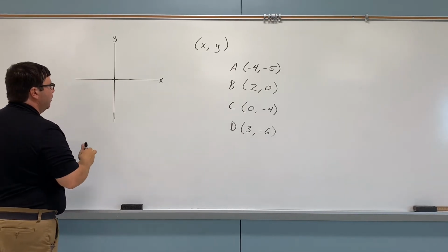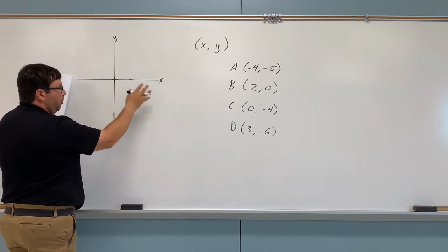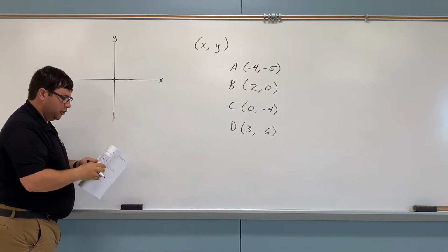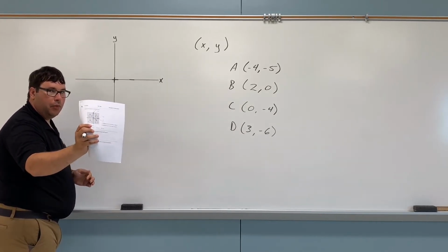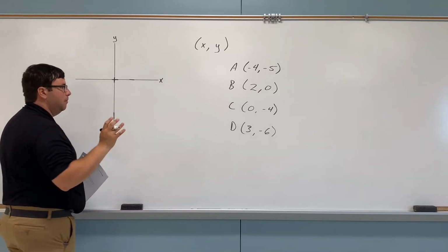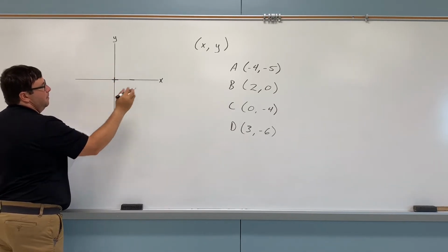So here's how it works. My chart here, my plane, is not perfectly to scale. But if you're using the printed version on your paper, or if you have grid paper, you can get this perfectly to scale. Mine is not perfectly to scale, but you can get the basic idea.